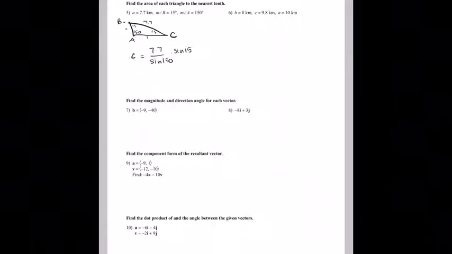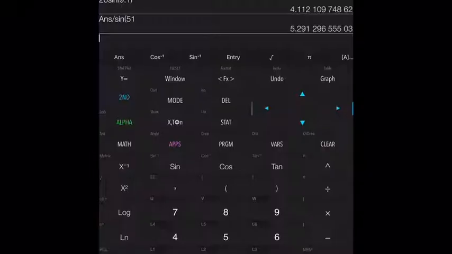So now we get the length of C is 7.7 times the sine of 15 divided by the sine of 150. We get 3.99.